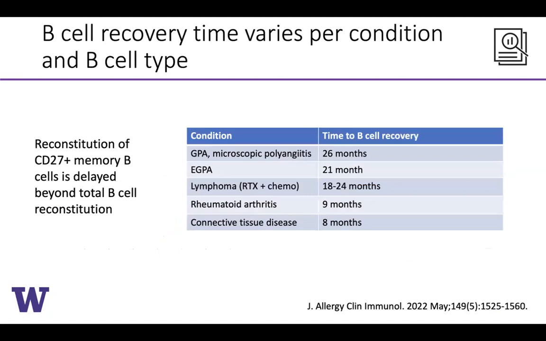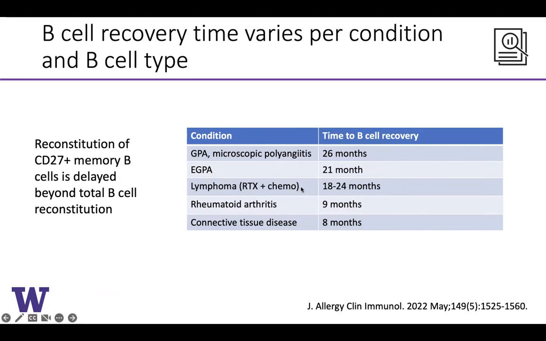B-cell recovery time varies per condition and also affects different B-cell subsets differently. What we see is that conditions like the vasculitides, GPA, microscopic polyangiitis, or EGPA, for some reason are the ones where it takes much longer to recover B-cell counts, followed by lymphoma.